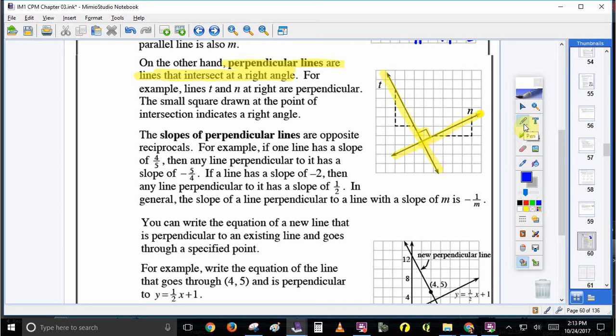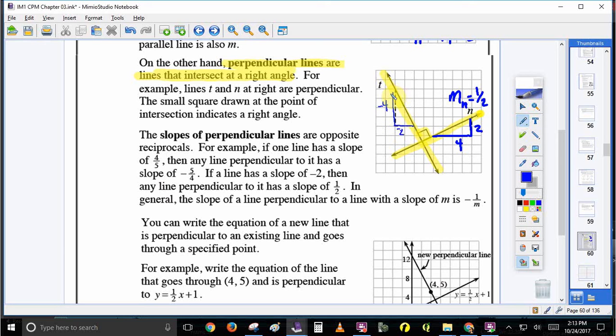If we take a look at those slopes, N, again, which we already just found, has a slope of 2 over 4, which reduces to 1/2. So the slope of N equals 1/2. And T has a slope of negative 4 over 2.